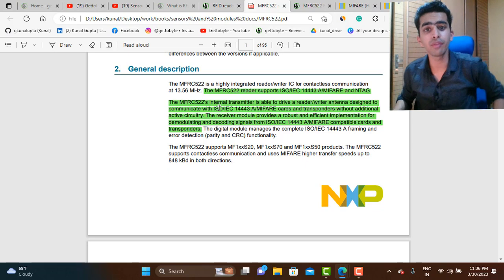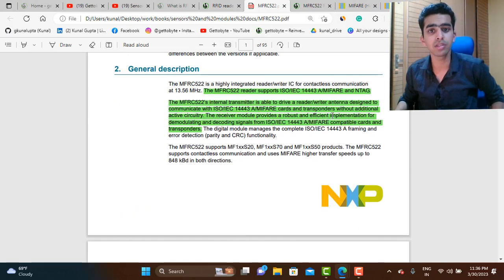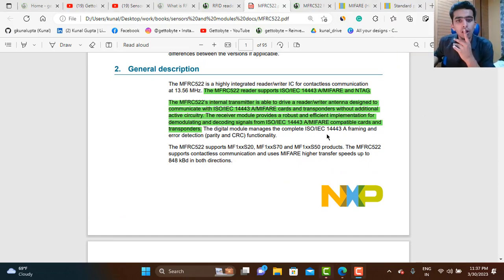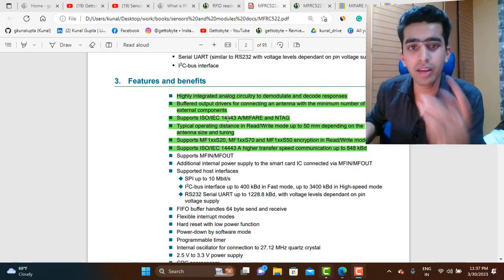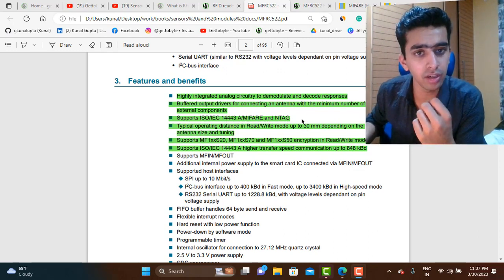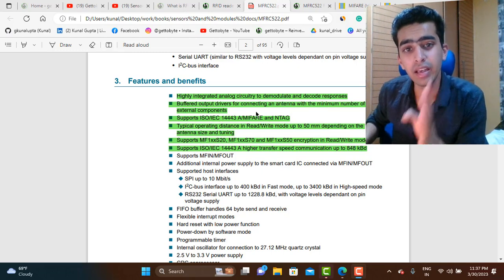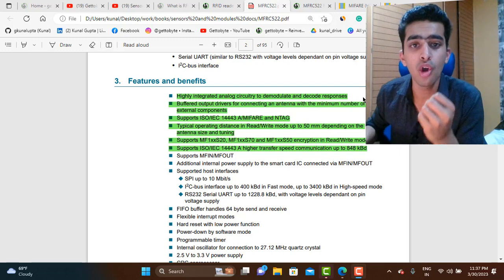Now MFRC522 has a number of things inside it. Coming to the features, MFRC522 supports ISO14443 and MIFARE/NTAG based RFID tags. It has highly integrated analog circuitry to demodulate and decode responses. What does it mean?